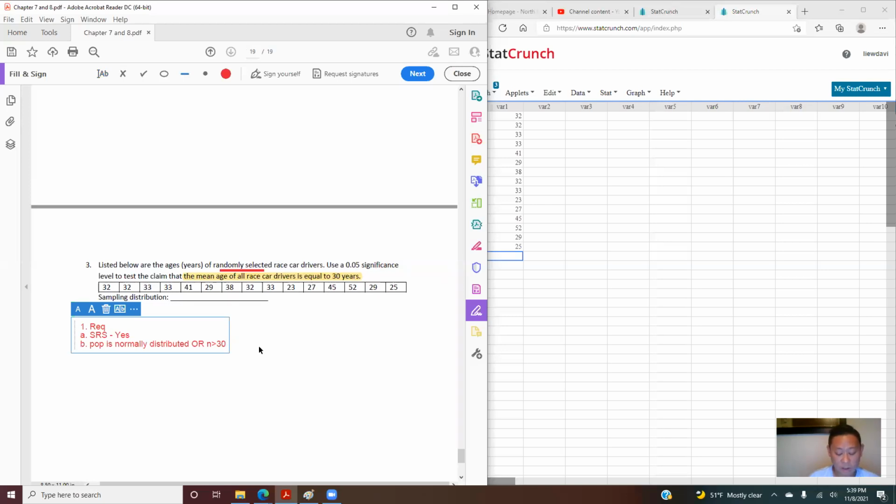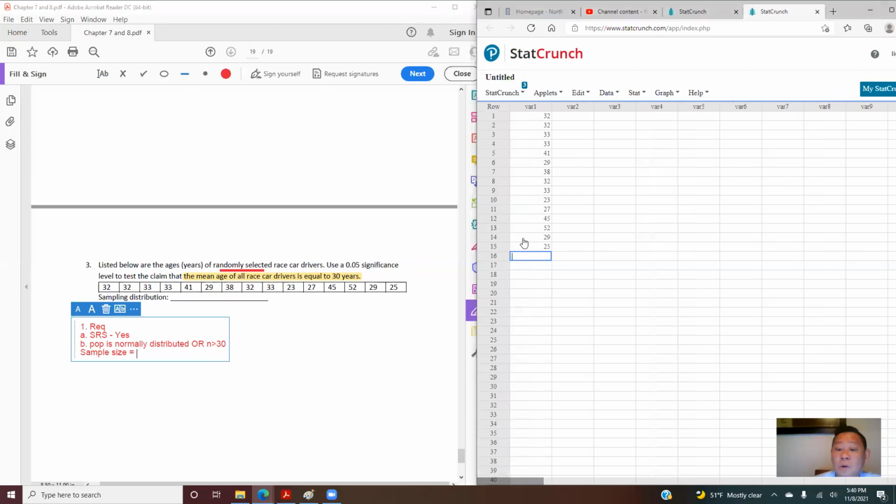In this case, how many people did they pick here? It's less than 30. It's only 15 people. If you look at how many you entered, there are only 15. So your sample size in this case is small.